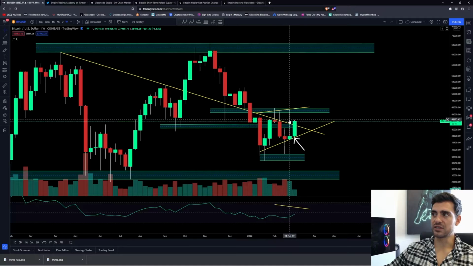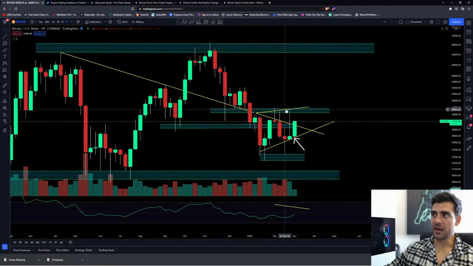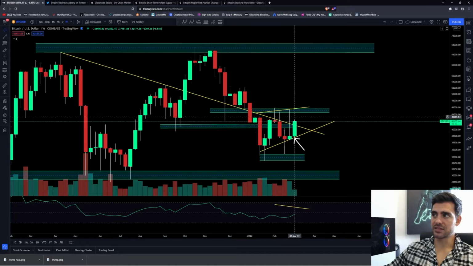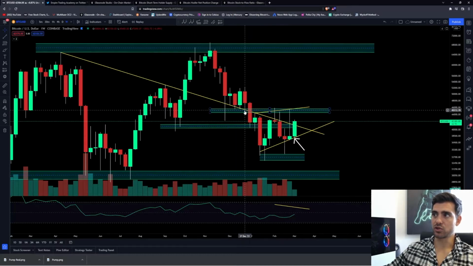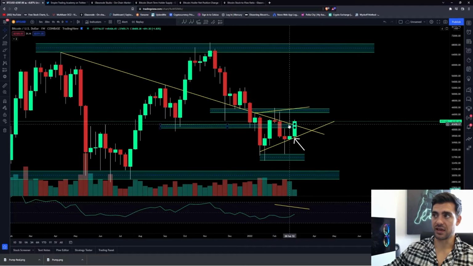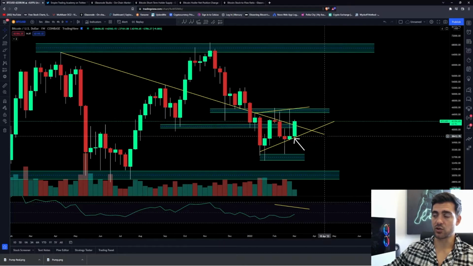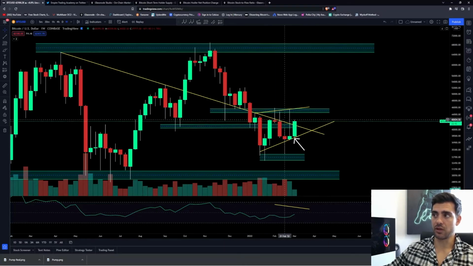What you'll notice is even on this week here as well, big selling pressure at these levels, by these wicks. Every single week has been pushed underneath this descending support level, this descending trend line. So this has been absolutely massive, selling pressure every single week pushing underneath this level.